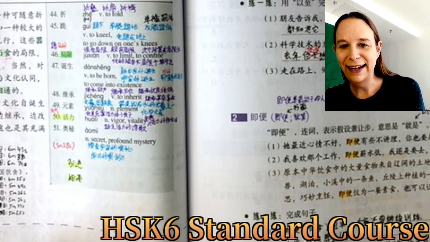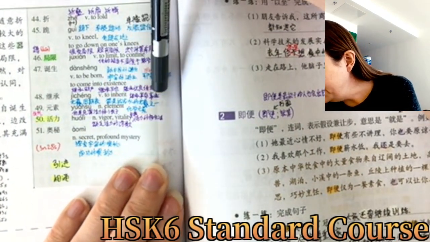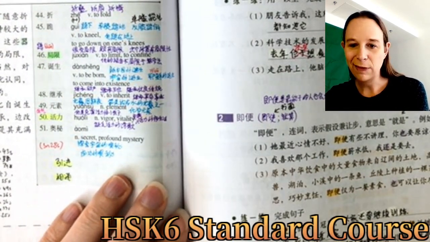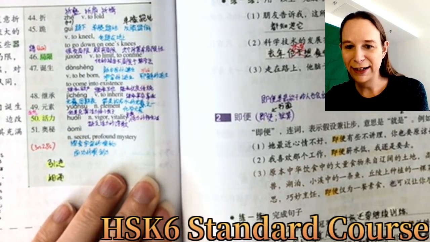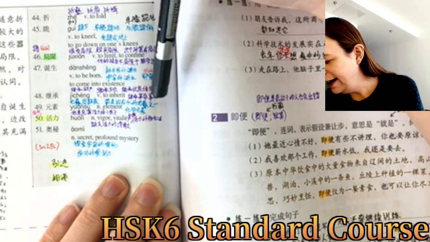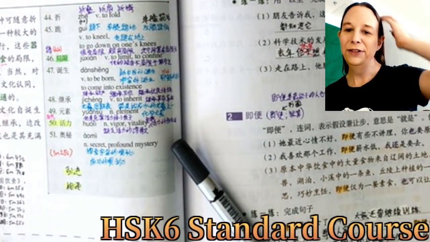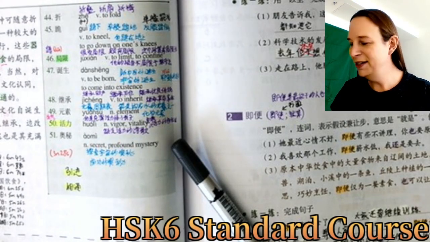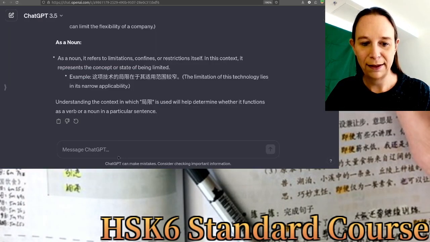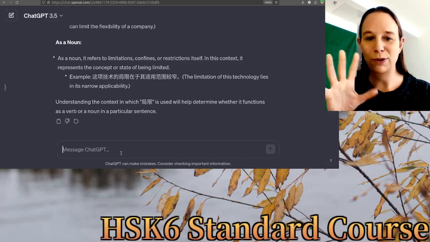This is inherit the throne. 继承优良传统, inherit great traditions. 继承革命事业, inherit the revolutionary mission. So you can't just inherit everything. The English word inherit is broader.